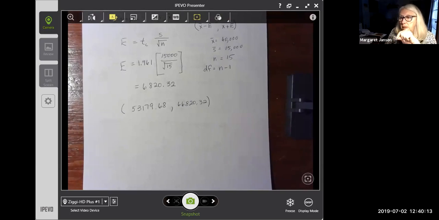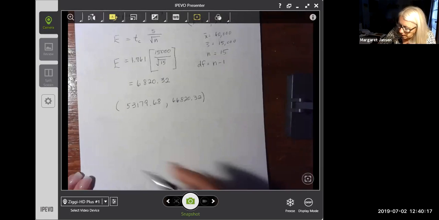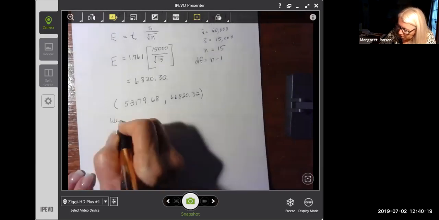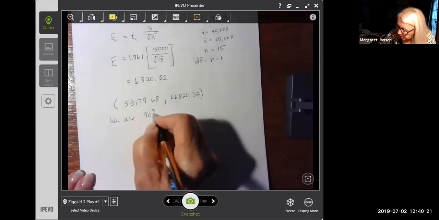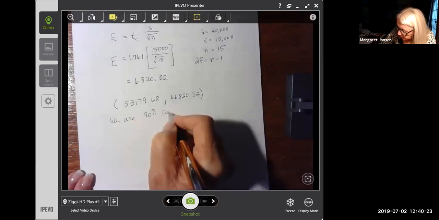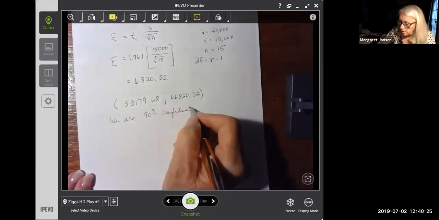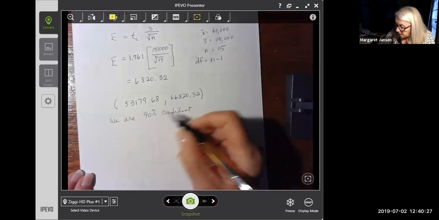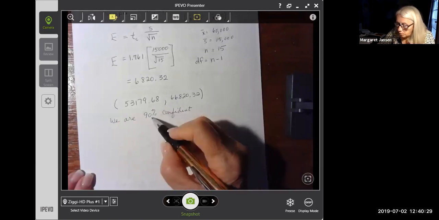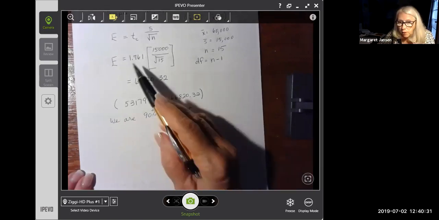Then our interpretation of this interval is very important because it tells us something about our expectation of the mean of the whole population. And what we would say is we are 90% confident. Now notice this 90% was what we chose. That's how we looked up a critical value.